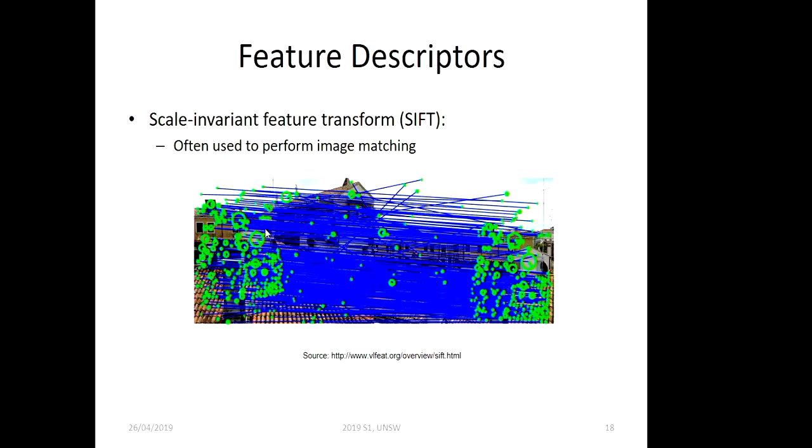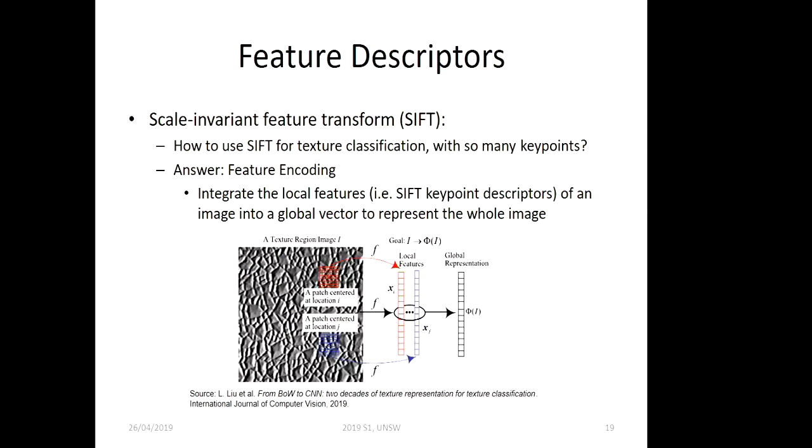Once you establish the alignment, you can see whether these 2 images belong to the same scene, or whether one is a rotated version of a certain scene. Some example images are applications like that. That is called image matching, which is actually a separate topic from texture classification.